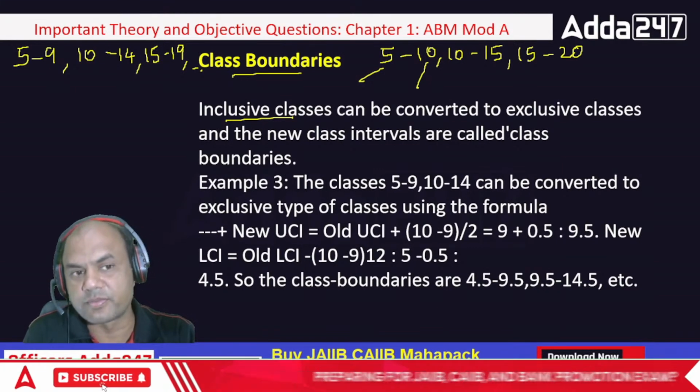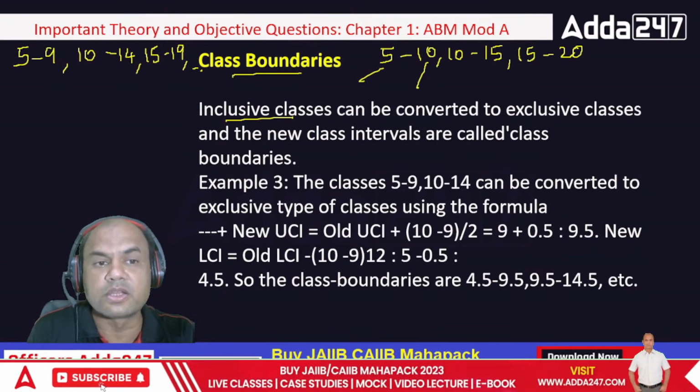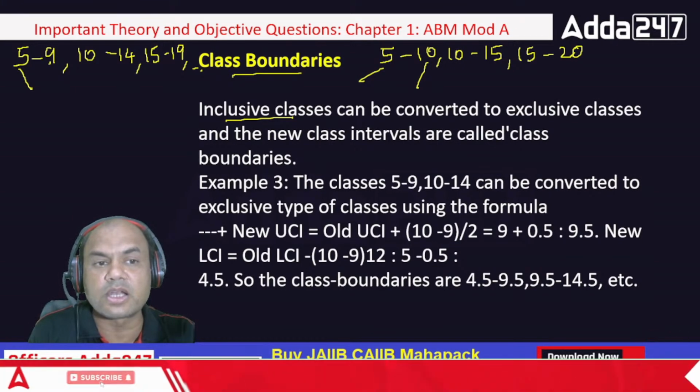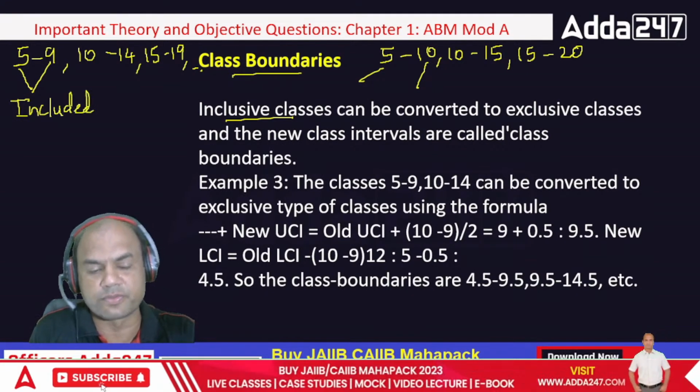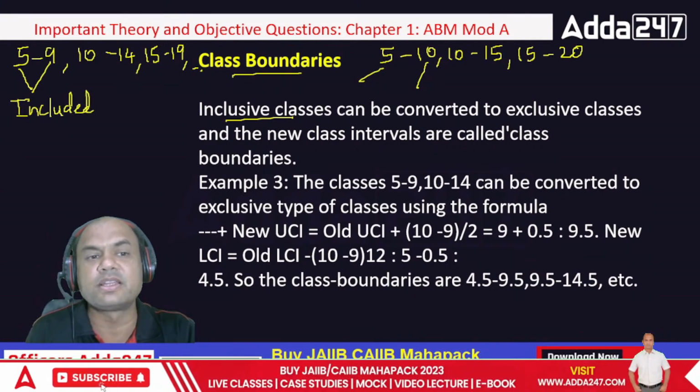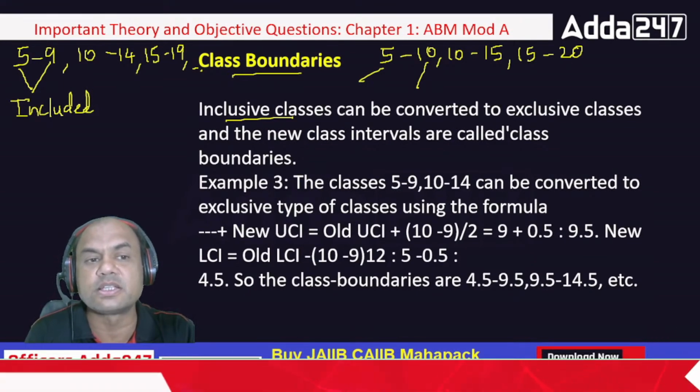Both are included over here. Inclusive means 5 is also included and 9 is also included. These two are included over here. So this is known as inclusive. When I have these types of boundaries, these are called inclusive.